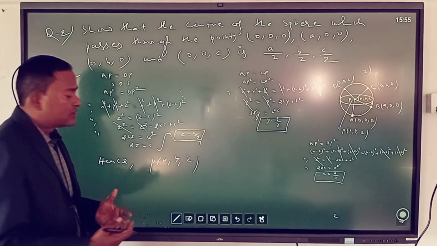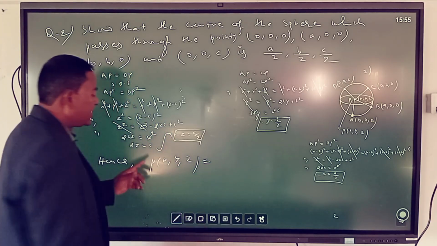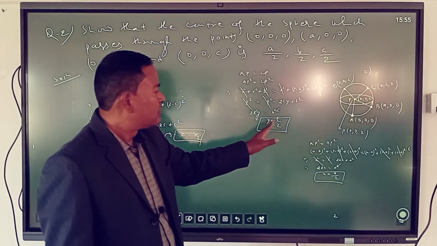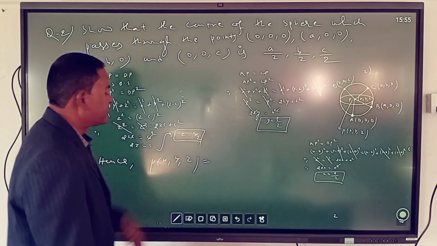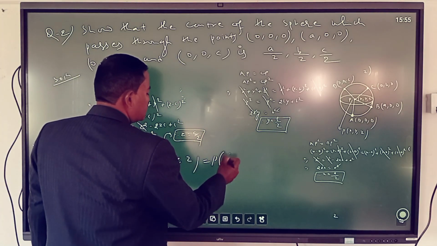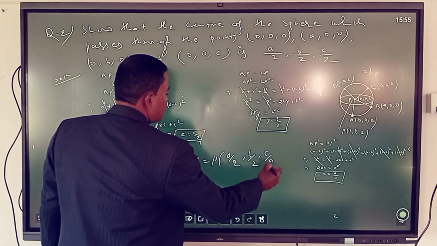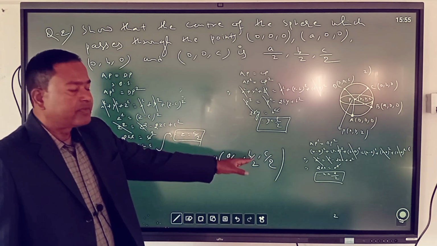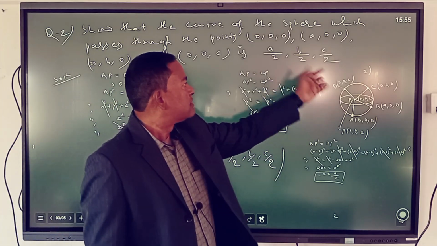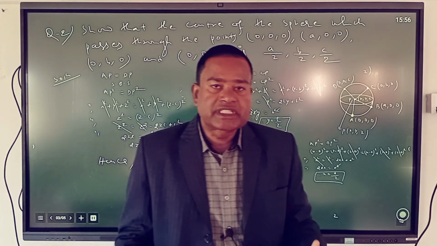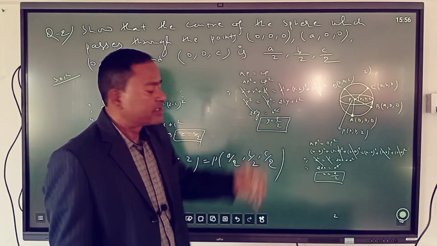So let's write down the conclusion. For P x, y, z, the value of x we have got a by 2, y b by 2 and z c by 2. A by 2 comma b by 2 comma c by 2, which is the center of the sphere under the given condition. Hence it is proved.